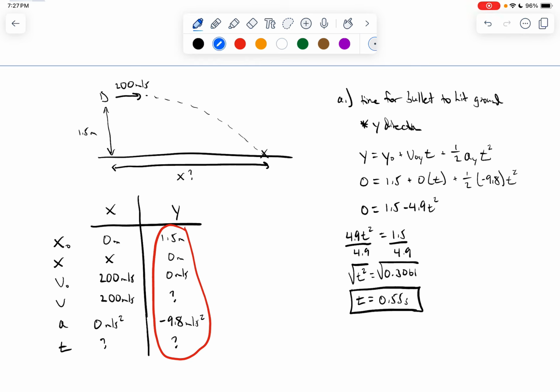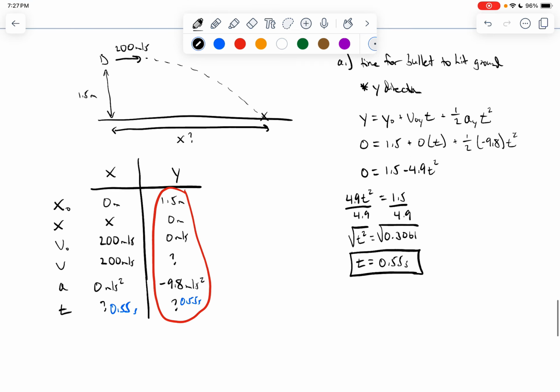All right, so now that we know that our time is going to be 0.55 seconds, that's going to apply to both the x direction and the y direction. Time is independent of direction. It's a scalar quantity, so it will be the same for both x and y. So we're now in part B, trying to figure out the horizontal distance we travel.